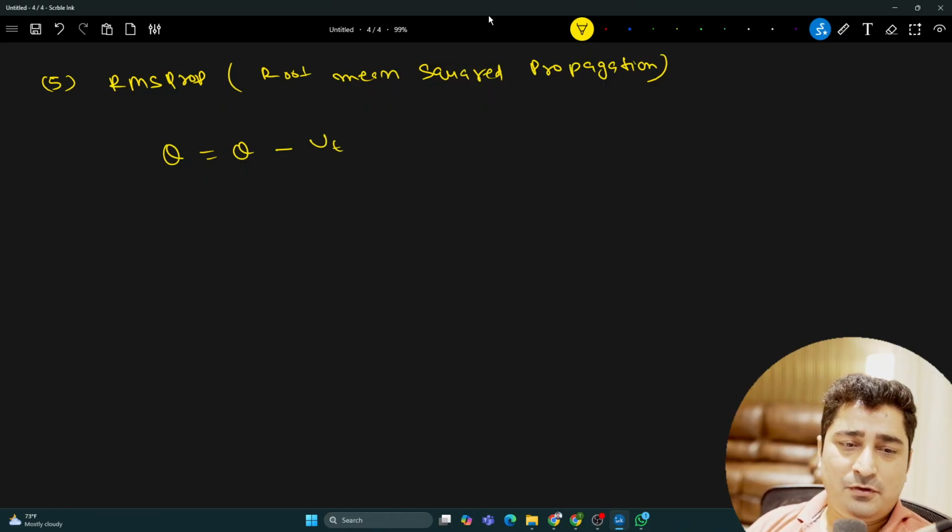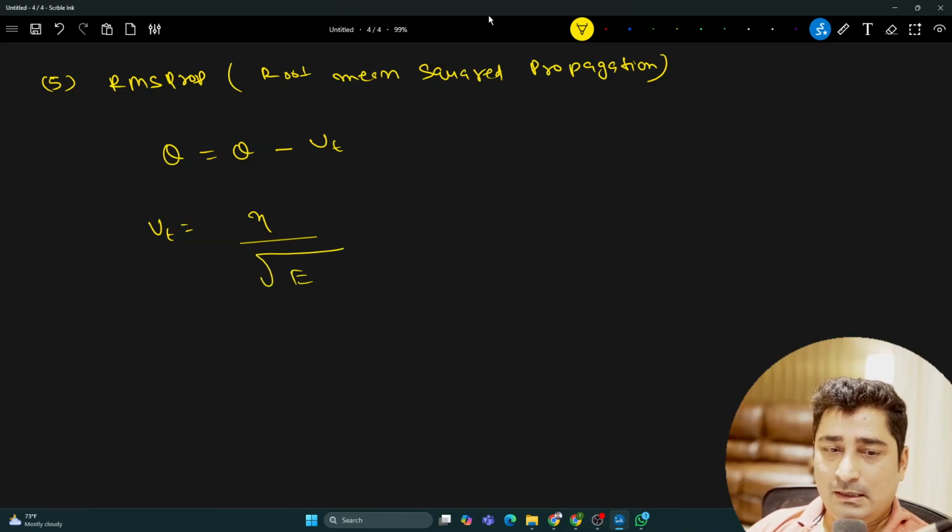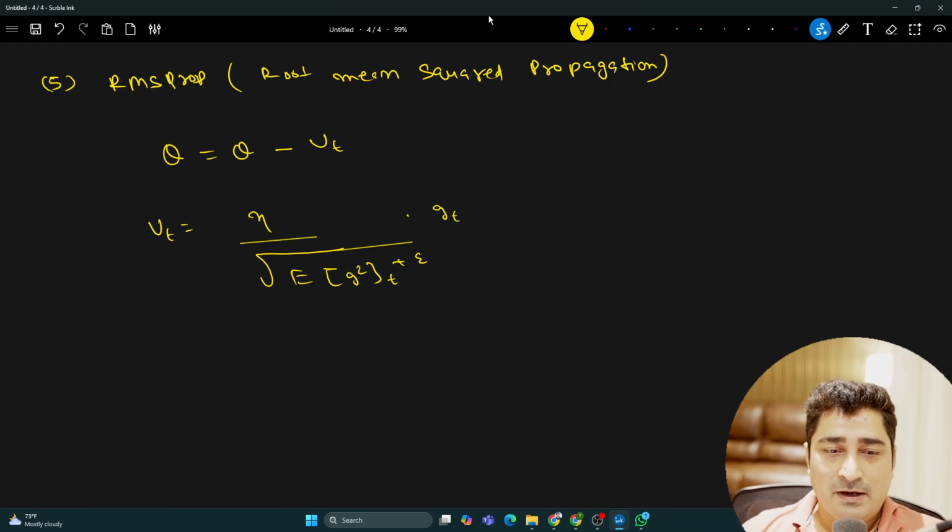So here, if you find the value of Vt, it is going to be eta divided by root of E of g square at time t plus epsilon, into gt. So this is going to be the value of Vt. Now here we have a lot of new terms: E of g square t and gt.